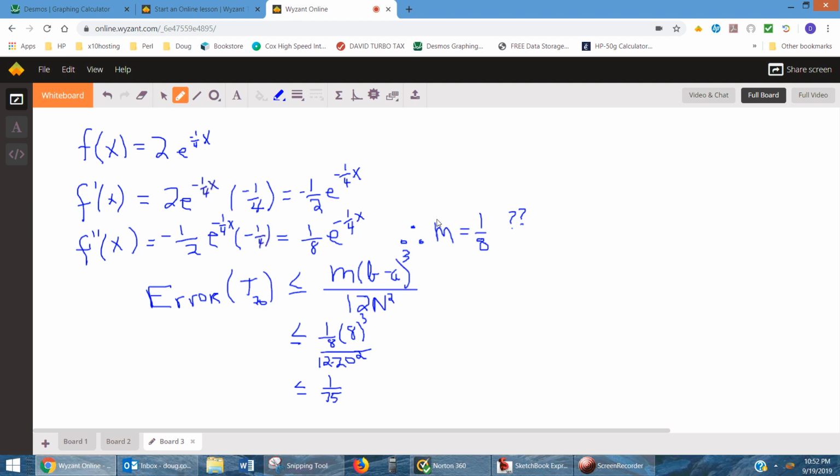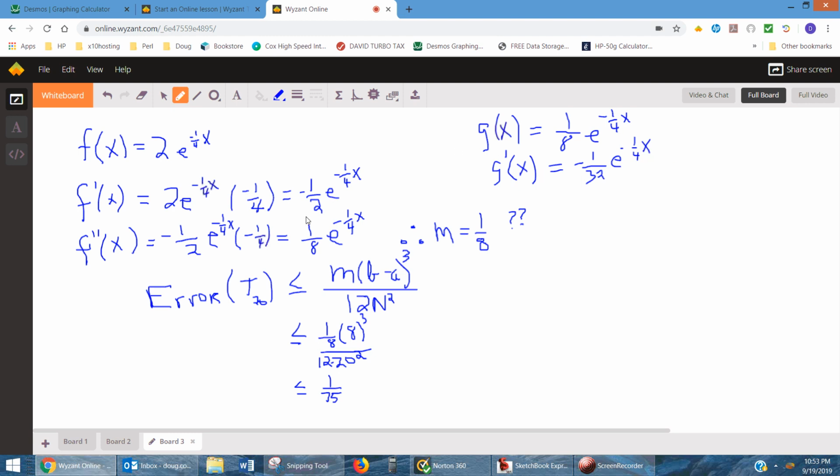And this capital letter M is supposed to be a least upper bound for the second derivatives on the interval from 0 to 8. And once again, if you thought about this function, g of x equals 1/8 e to the minus 1/4 x, and found g prime, you would get negative 1/32 e to the minus 1/4 x, which is always negative.